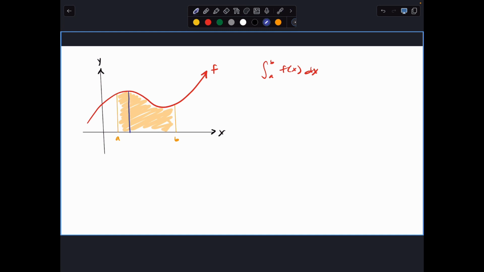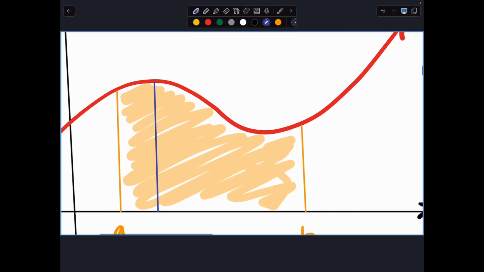So let's say that's a rectangle. We could think about the height of that rectangle as being whatever this function value is minus whatever this function value is.